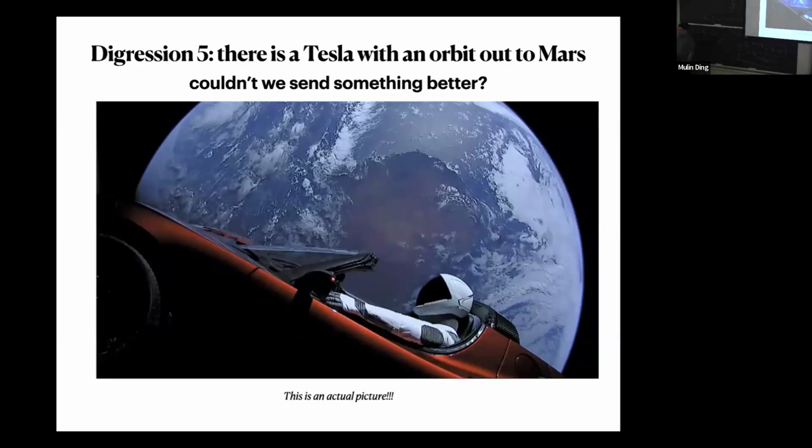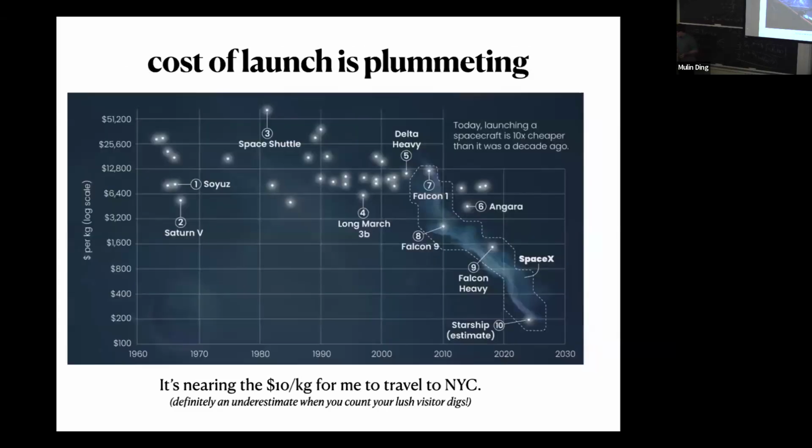Okay, final digression. You guys have made it through, and this one is not the most serious, but this is an actual picture of a Tesla that is out on orbit out to Mars. And just very slightly more serious is that maybe it is the time to consider these somewhat crazy ambitious things, in that the cost per launch has been plummeting.